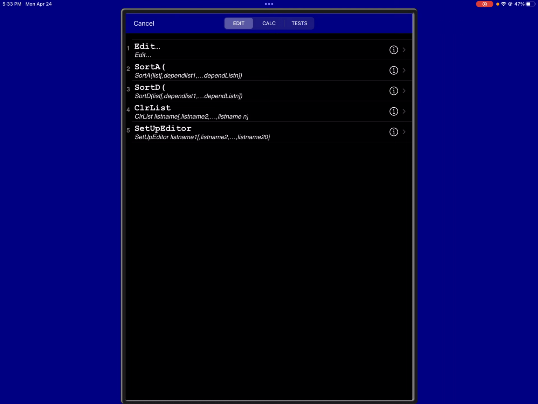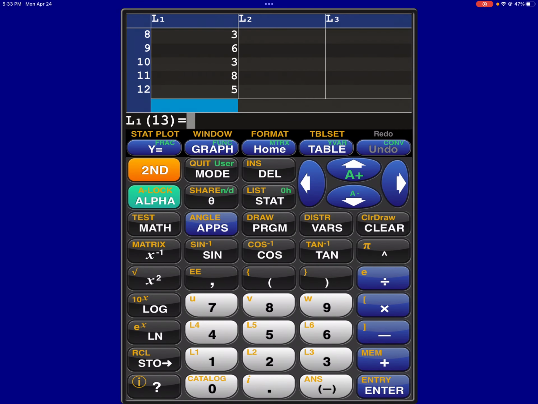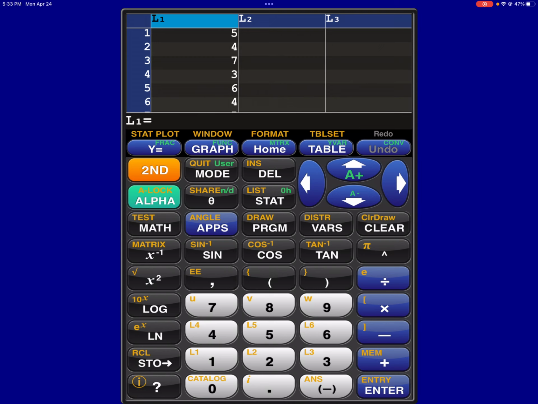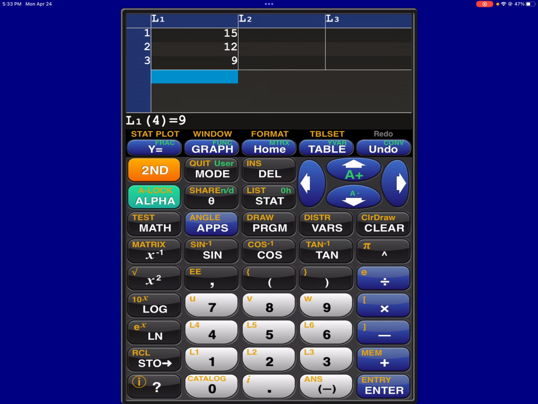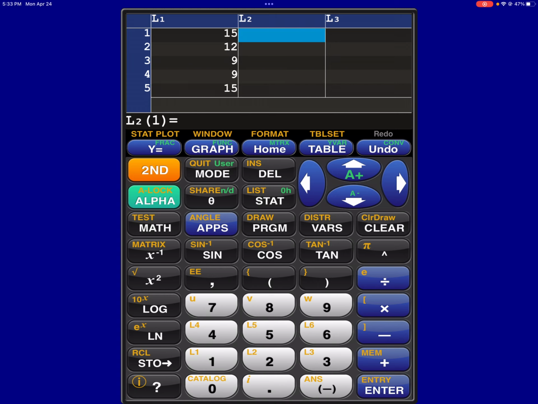Go to Stat, go to Edit. I'm going to go ahead and clear out my list 1. And so I want to type in the observed here. So I've got 15, 12, 9, 9, and 5. Whoops, 15, sorry. And then for our expected, everything was just 12s for all of them.